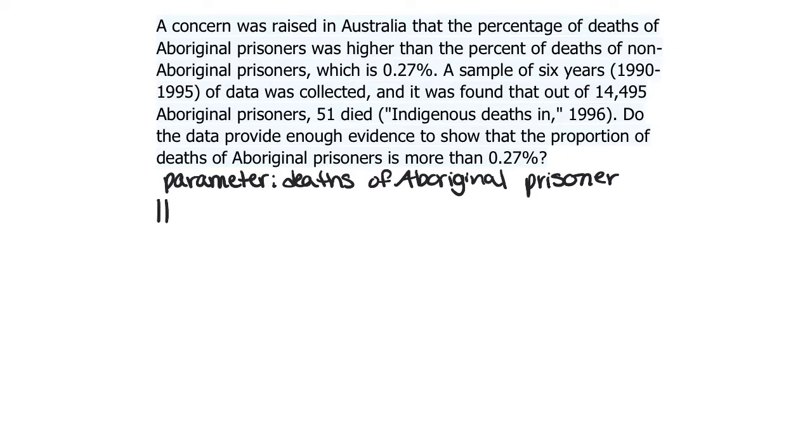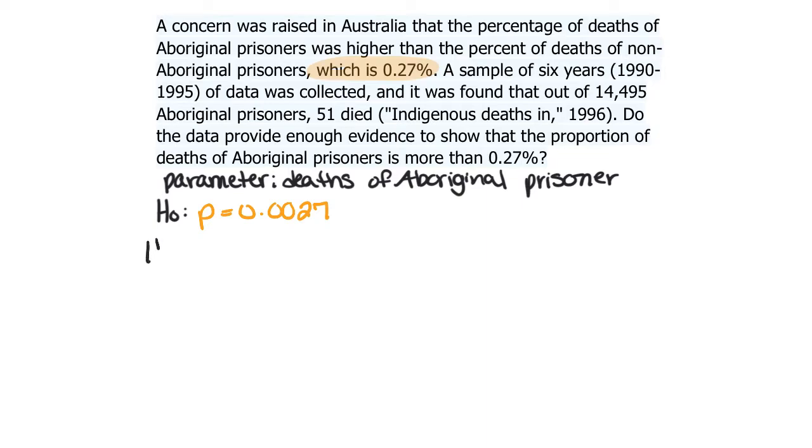Now, I have to have a null hypothesis, and that is our current status quo, our currently accepted information. And in my scenario here, deaths of Aboriginal prisoners is currently at 0.27. So my null hypothesis states that my population proportion is going to be equal to 0.0027. I'm just turning my percentage into a decimal.